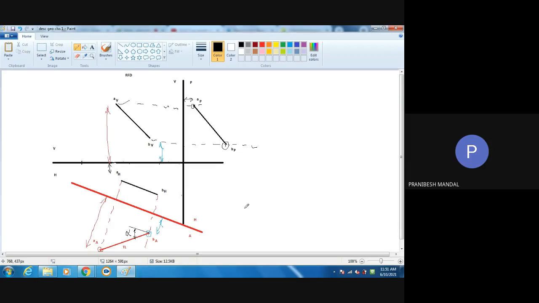Is it all right or not? Yes, sir. And this method is called the auxiliary plane method. Can you predict how you can find out beta?